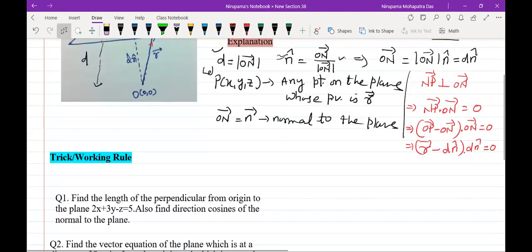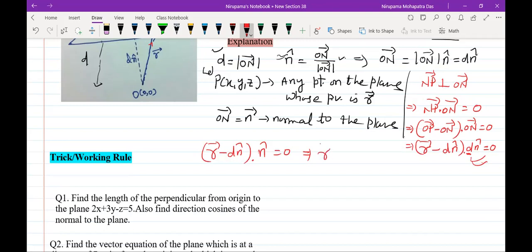Now you can see D is any constant, so you can divide both sides by D. It means you have (r minus D n cap) dot n cap equals 0. What we have done here is divide both sides of this expression by D, because D is a constant, the length of the line segment ON.